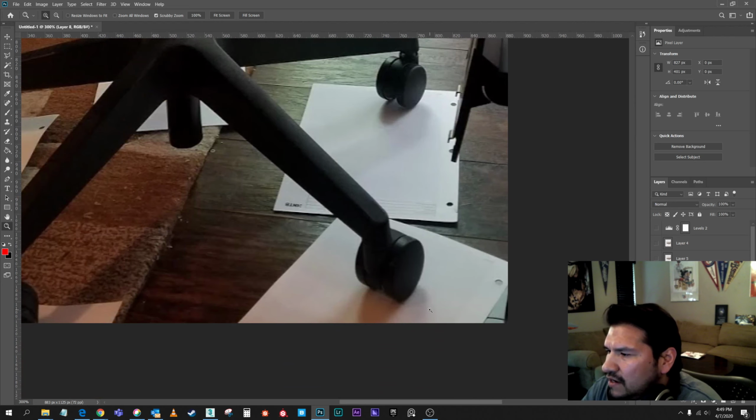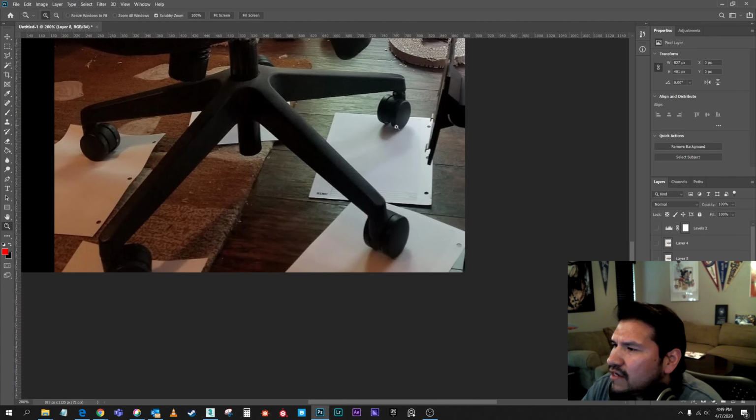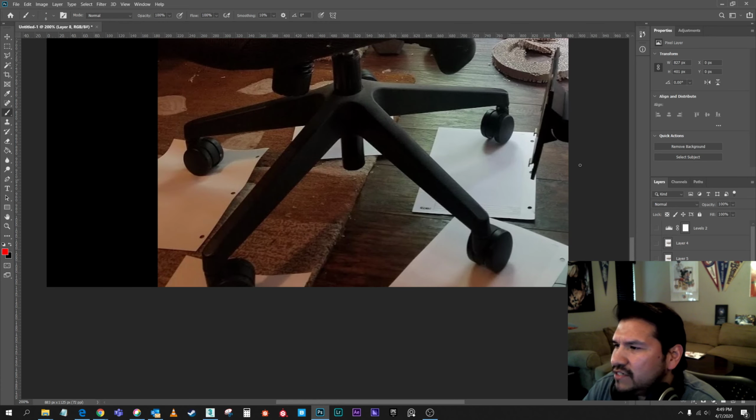The other thing I want to take a look at is how dark this shadow is here. I put these little white pieces of paper so we could actually critique this a lot better than just putting it on a brown floor. You can notice that this shadow, since we're closer to this light over here, is getting more of this light, therefore we're getting a stronger shadow here, and the light coming over here is a lot less.